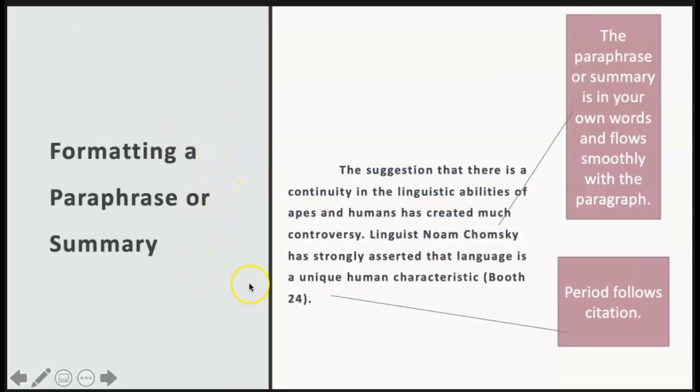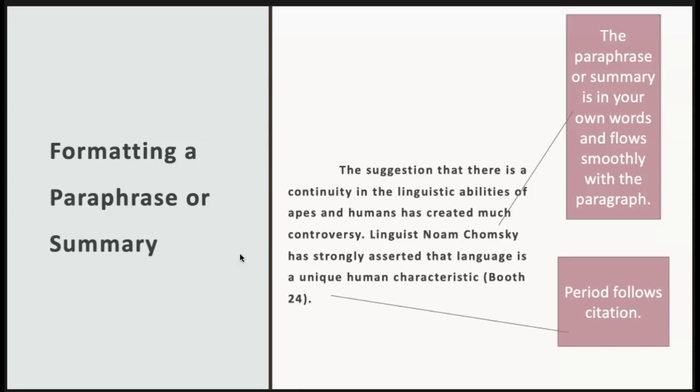A paraphrase or summary. Now, there is this misconception out there that if you put it into your own words, you don't have to cite it. That is bull. You did not know that information beforehand. That information did not uniquely come to you and from your brain. You paraphrased that based on another source's information.